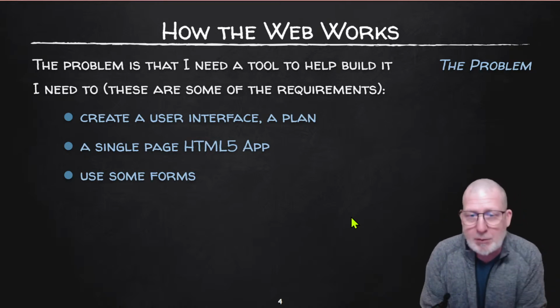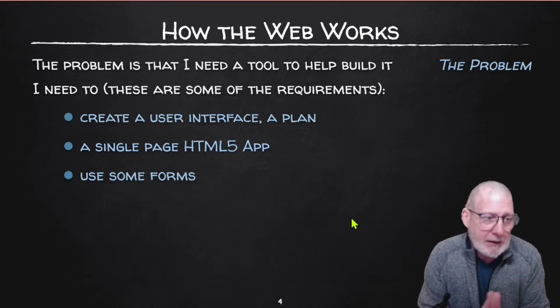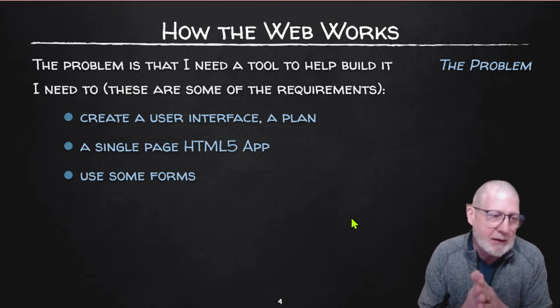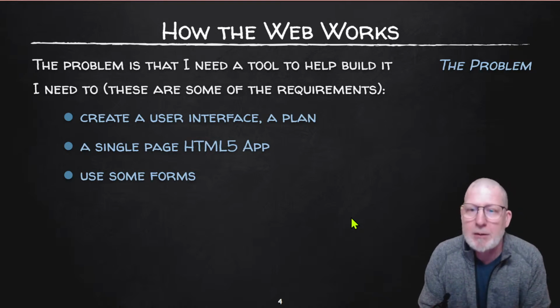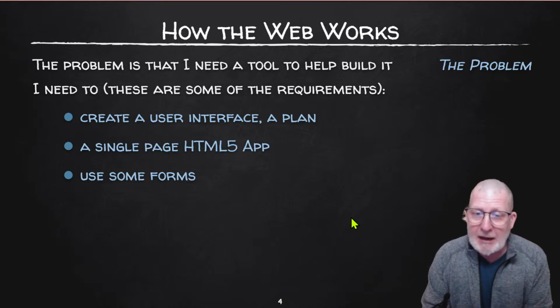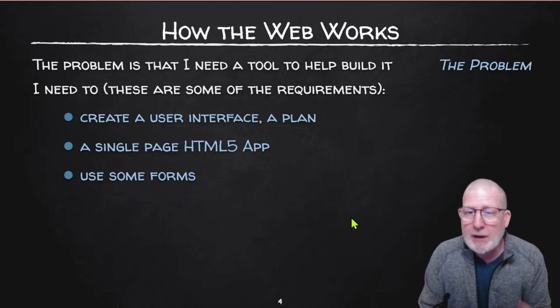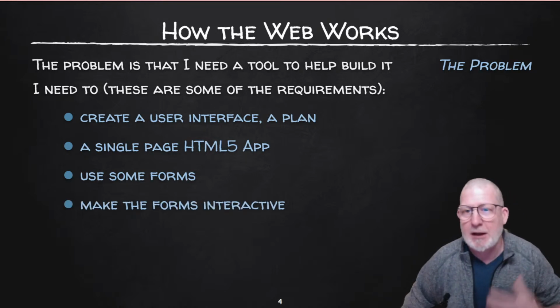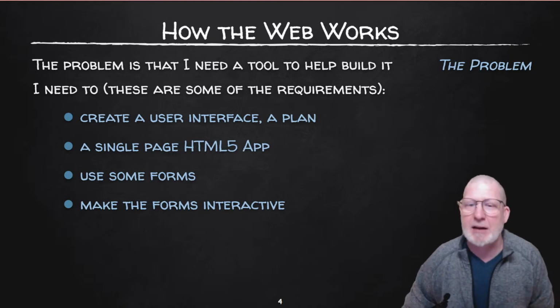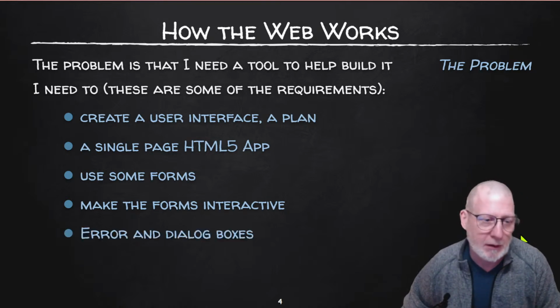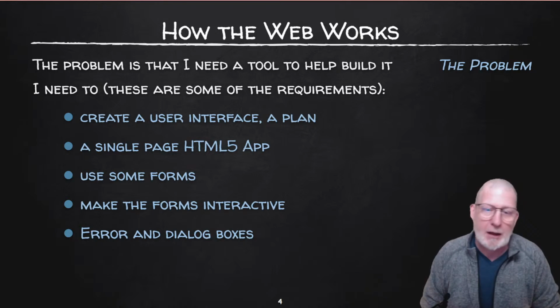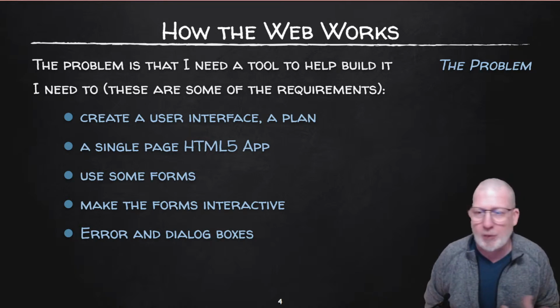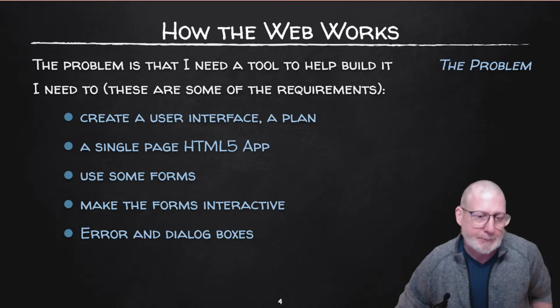We'll sketch them out as a bunch of boxes, and then start implementing that bunch of boxes with HTML. We'll decide how they look by using some styles. Once we put those things together, we can start to test it and maybe make some things interactive, eventually coming up with application components, things like forms and errors, dialog boxes, and things like that.